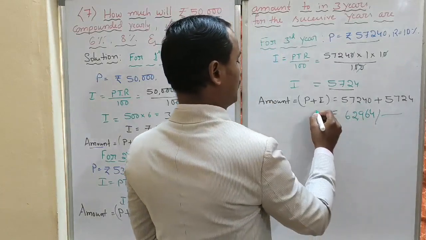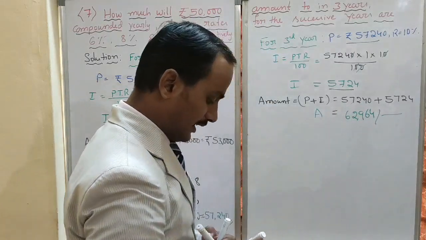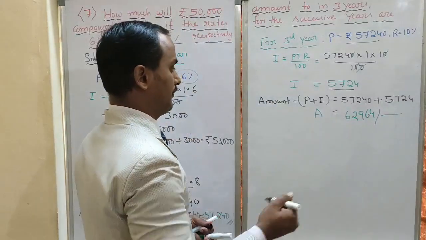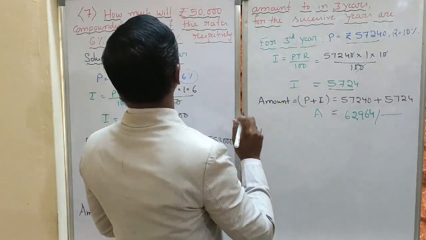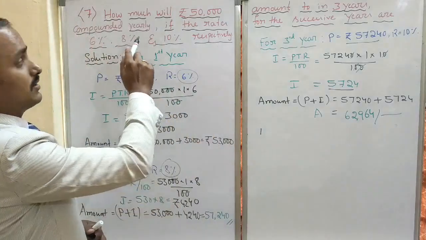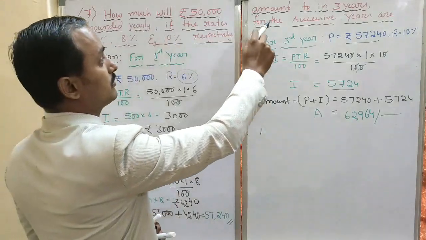62,964 is the amount. Shall I write the conclusion, dear children? Yes. Look here. Conclusion, what is it? What is the question? How much will 50,000 amount to?